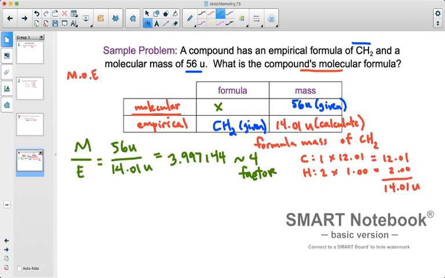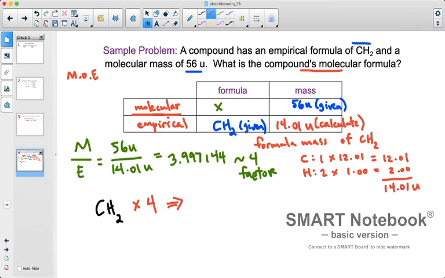Now I'm not done because I don't want to know the factor. The question asks, what is the compound's molecular formula? So now I'm going to take the empirical formula of CH2. I'm going to multiply by that factor of 4 that I calculated, and I'm going to get my answer. So now I have to take each subscript and multiply by a factor of 4.